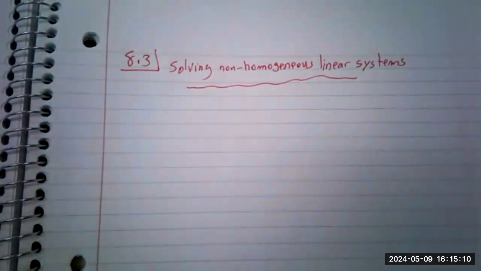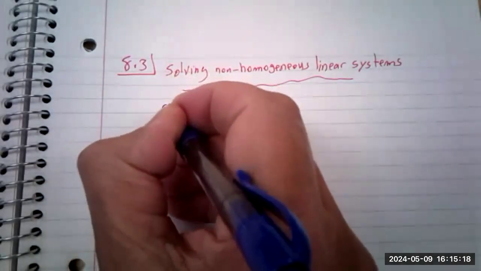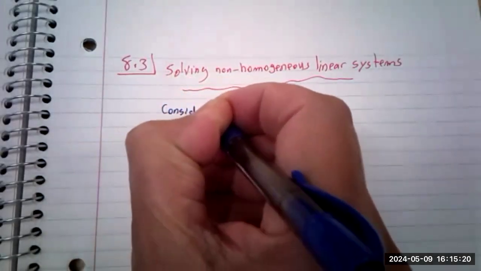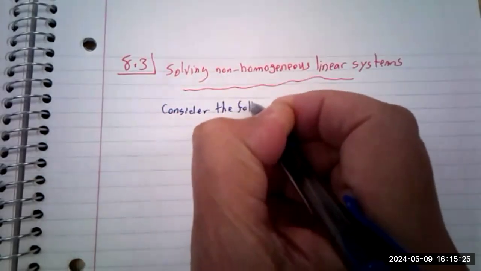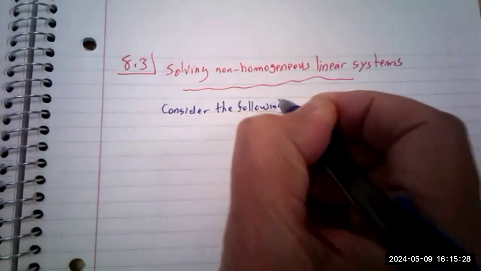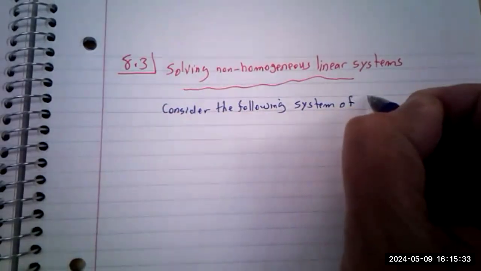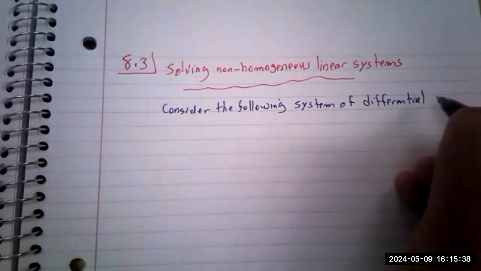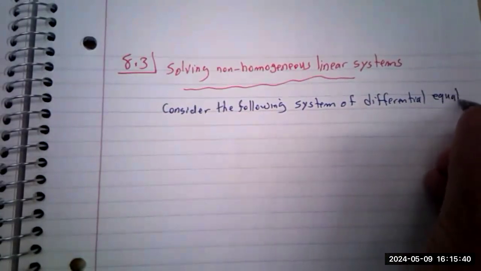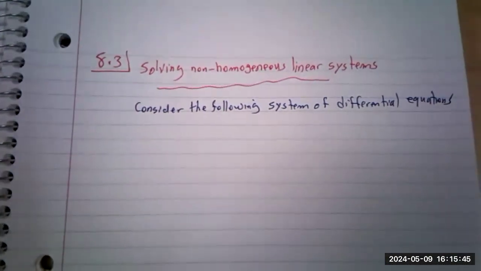So let's see what's going to be the general form of the non-homogeneous system. Consider the following system of differential equations.